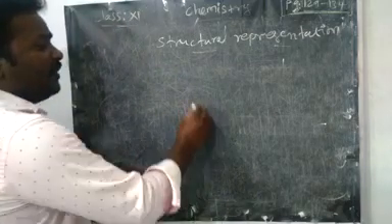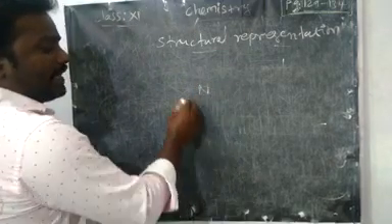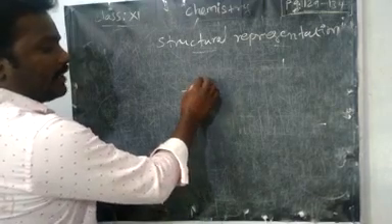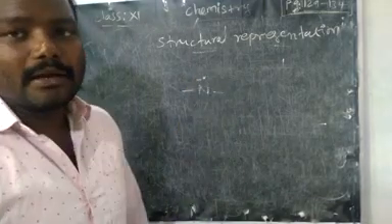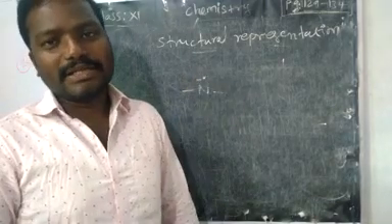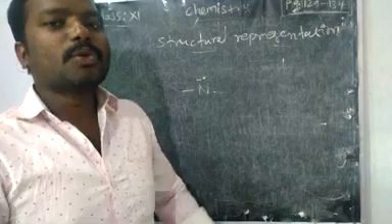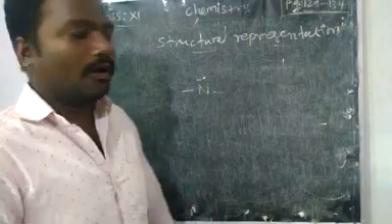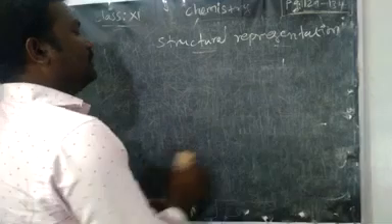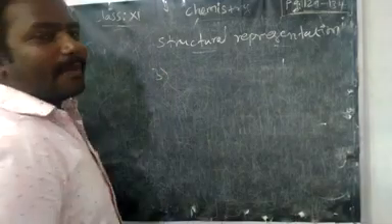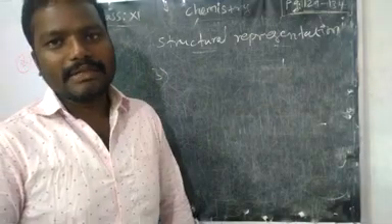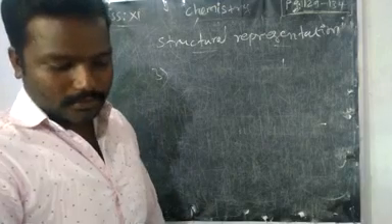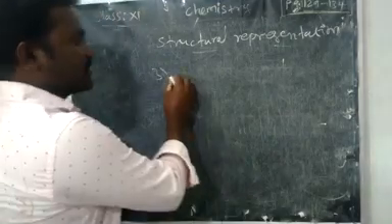Suppose you want to represent a heteroatom, and there is a lone pair of electrons, you can mention that as dots. As usual we will represent the dot structure, like that, right? The third type, what is the third type of representation? That is nothing but condensed structure.